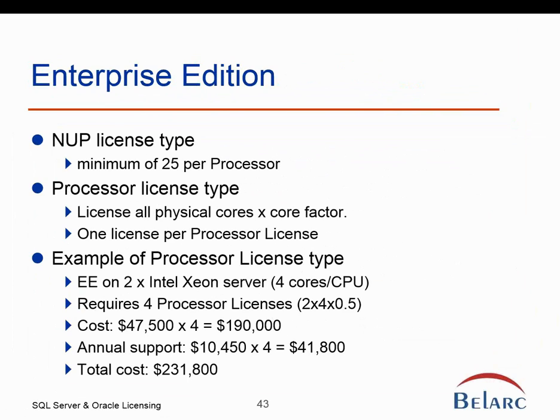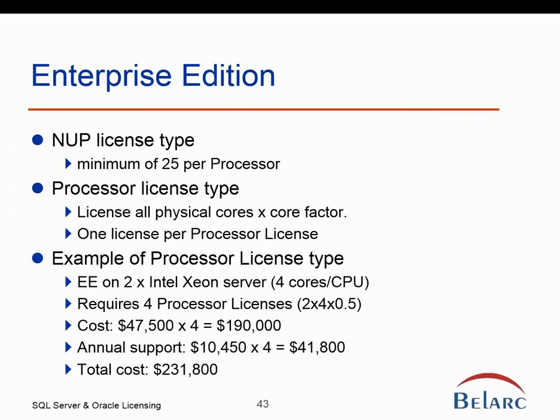So I have an example here in the case where we have the processor license type. Of course, we're talking about Enterprise Edition, but the server we're talking about is a server that has 2 CPUs on it, and the CPUs are Intel Xeon CPUs. And in this example, they have 4 cores.